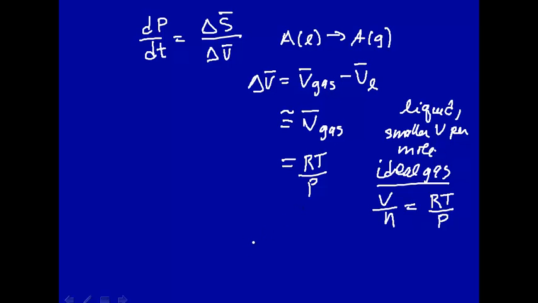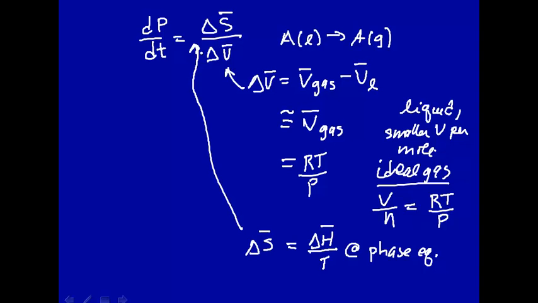All right, and now we also know that the delta S, the entropy change at equilibrium, is just delta H over T, per mole at the phase equilibrium. So let's substitute that in there, and let's substitute that in there. And what do we get? Well, we got dP/dT.